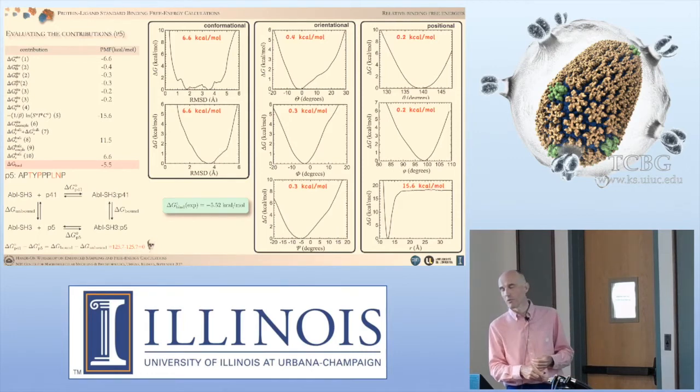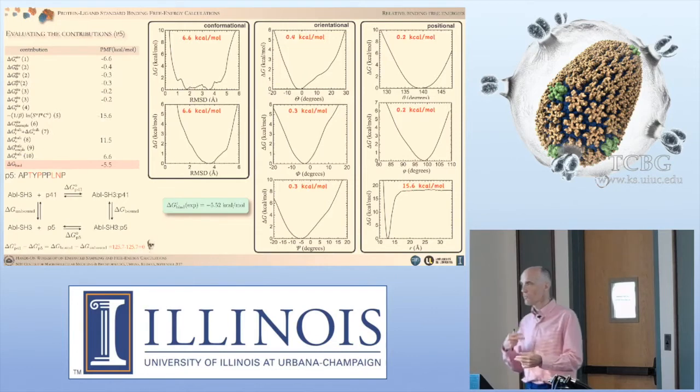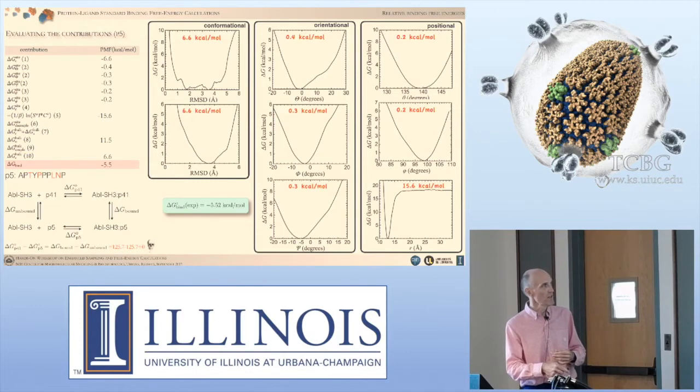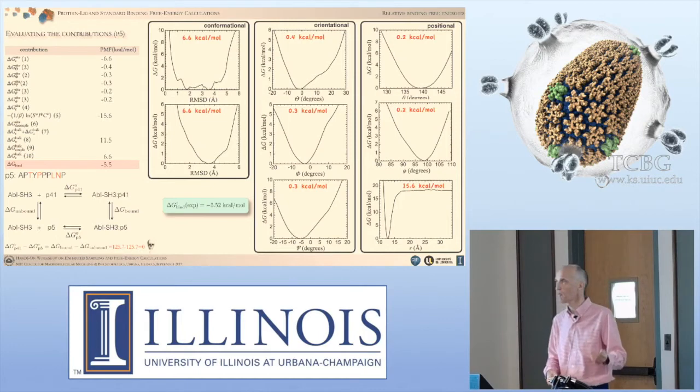The experimental value is minus 5.52, so we're doing pretty good. Now imagine that you're doing this calculation from a relative standpoint. So instead of doing this and this, you're doing the vertical transformation, turning P41 into P5 in a bulk state and in a bound state.